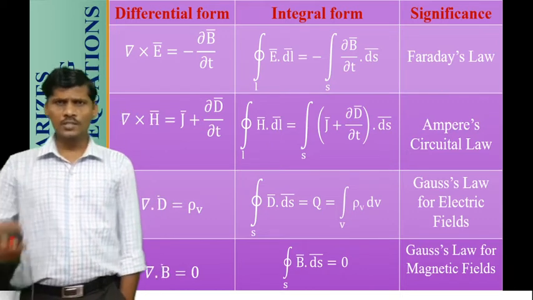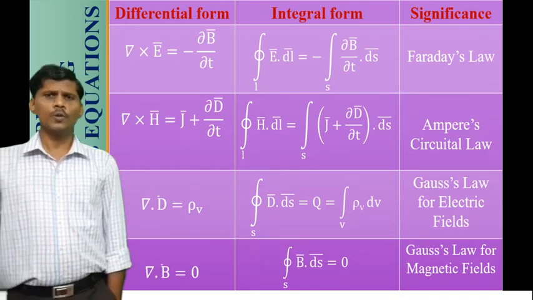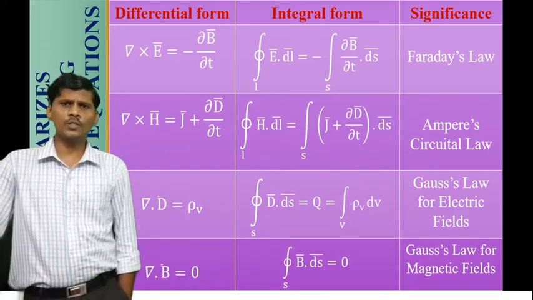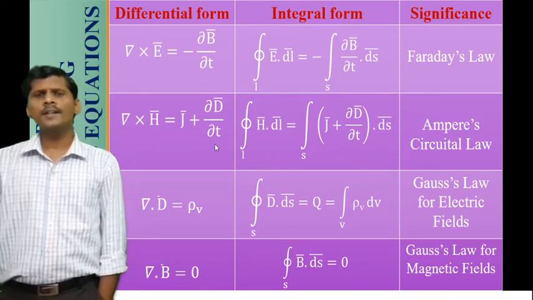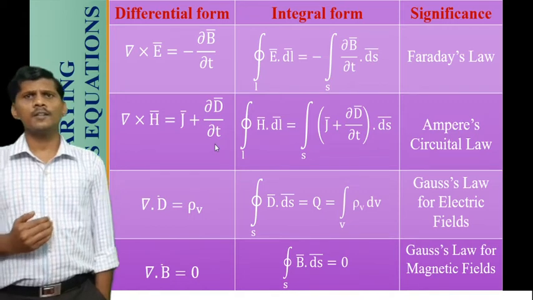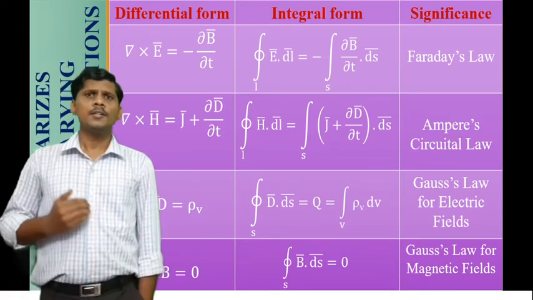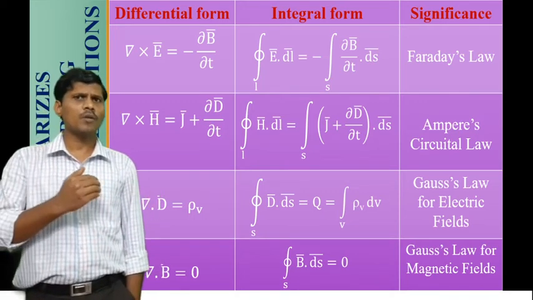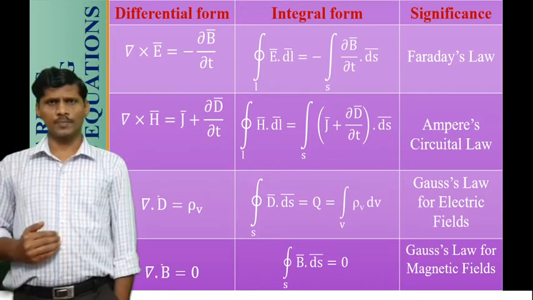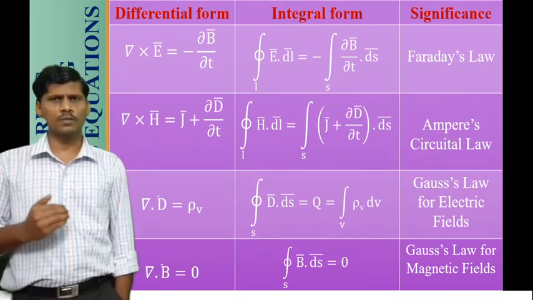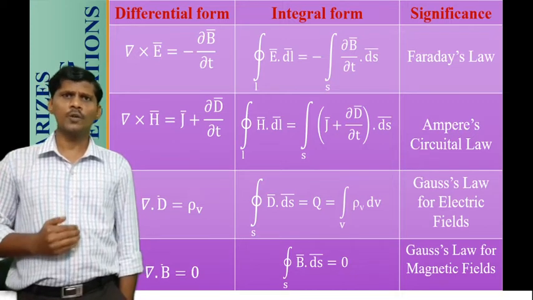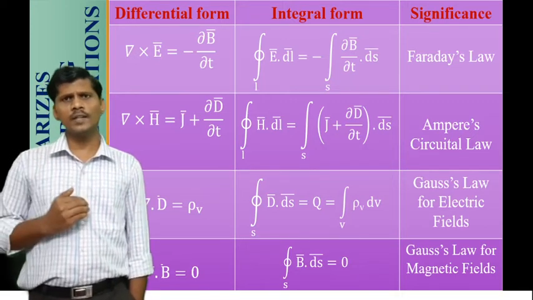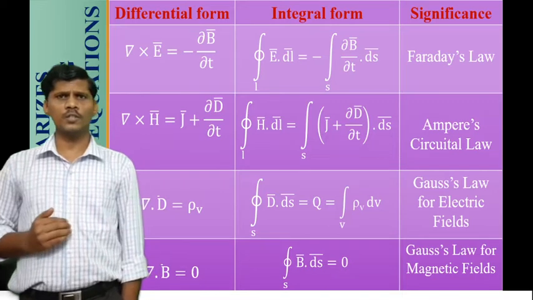In these equations, substituting dou B bar by dou t equal to 0 and dou D bar by dou t equal to 0, we get the time invariant integral form and differential form Maxwell's equations. So these are the Maxwell's equations of time varying fields. How do we find the time invariant or static Maxwell's equations?